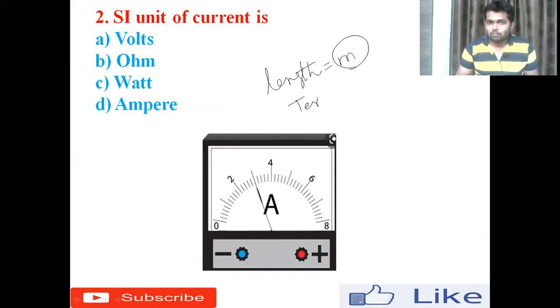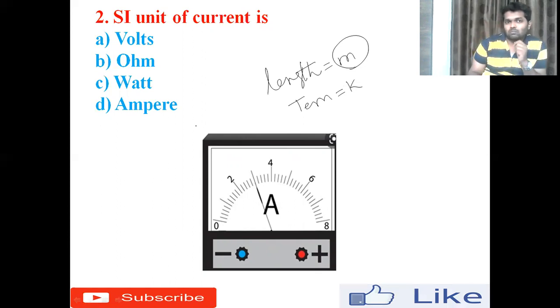And temperature is taken as Kelvin. In the same way, we have to represent the current also. What is the SI unit? The SI unit of current is ampere. Ampere is a scientist's name. Or else we can use the alphabet A, which stands for amperes.